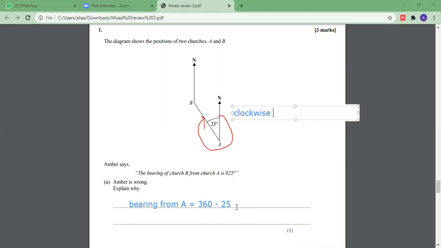Okay, so it will be 360 minus 25, which will be 335.